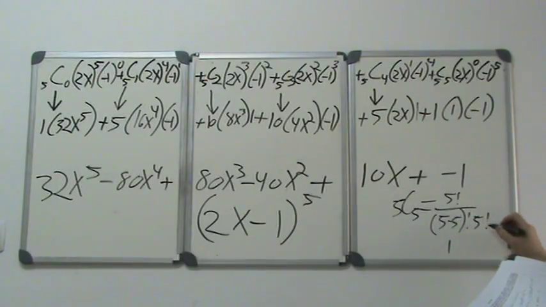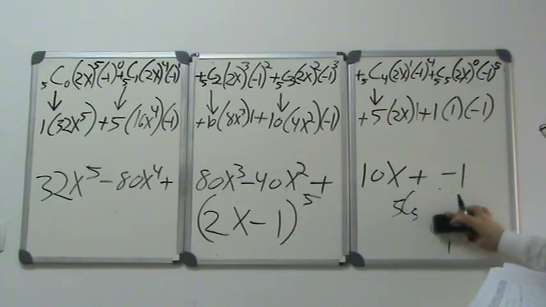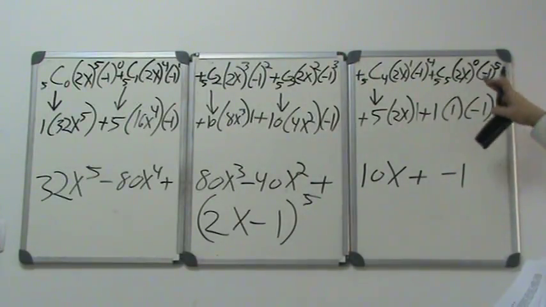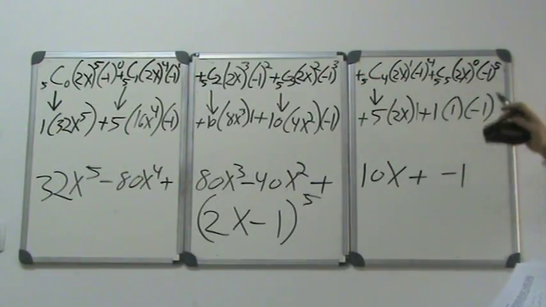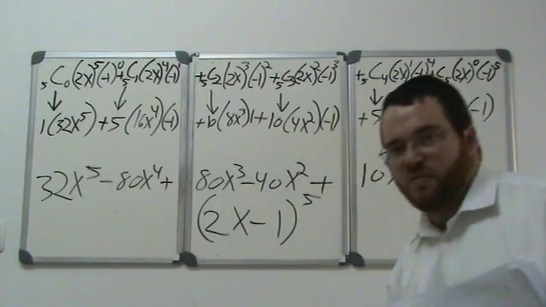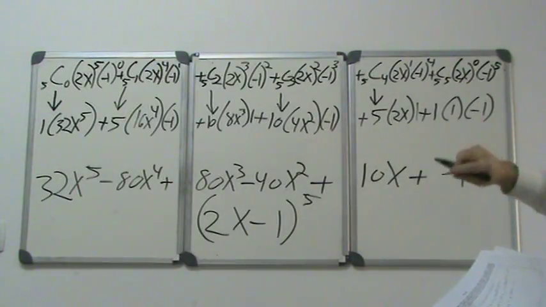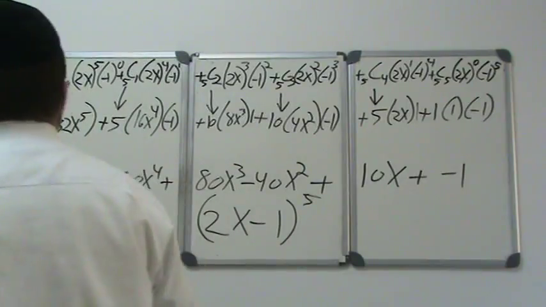So it's 1 times 5 factorial. So it's 5 factorial over 5 factorial, which is just 1. So 5 combination 5 is 1. 2x to the 0 power, anything to the 0 power is equal to 1. Negative 1 to the 5th power. A negative number to an odd power is negative. So negative 1 to the 5th power is negative 1. And this is how we work it out.